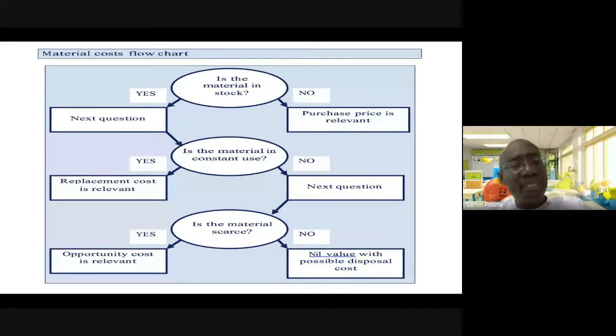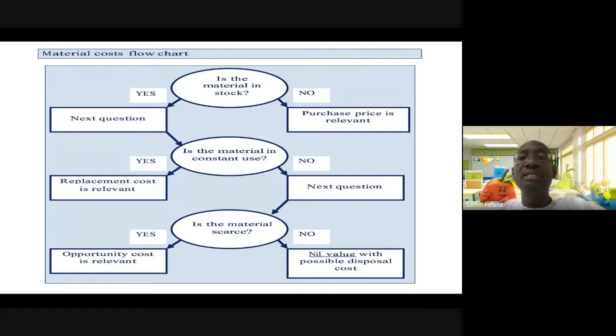So you look at the material cost, okay? The materials you're going to use on this order. Let's say the honey order also. You're going to ask yourself about these materials, and the materials we talked about were what?